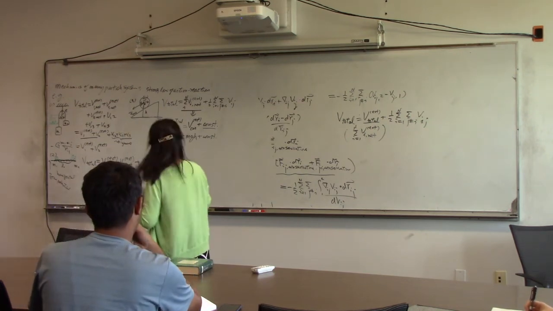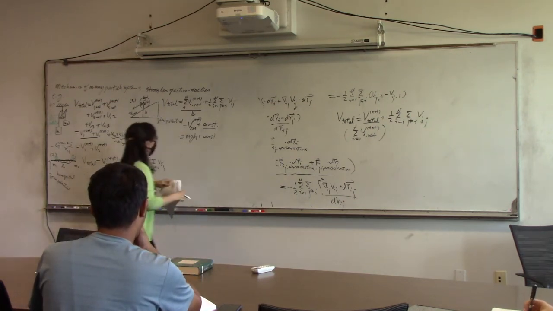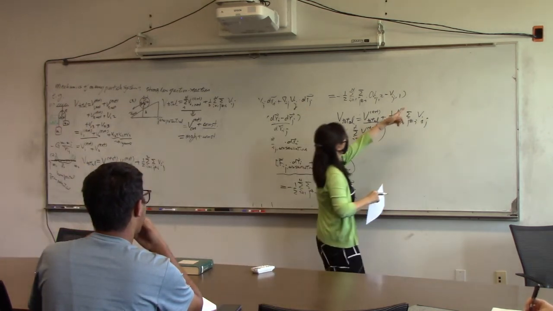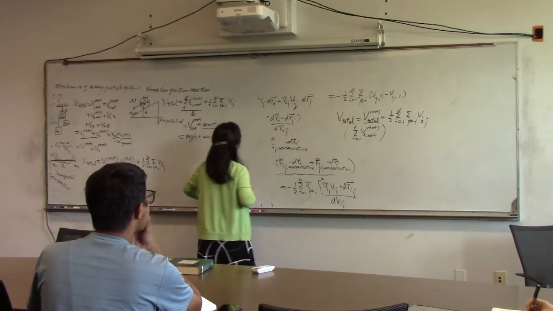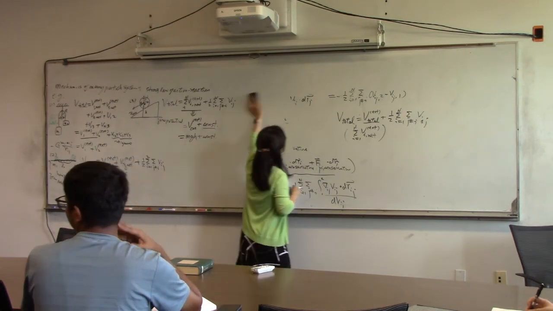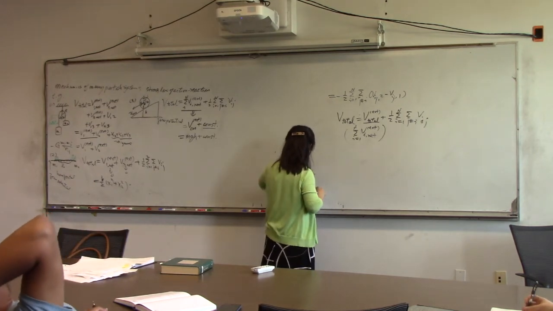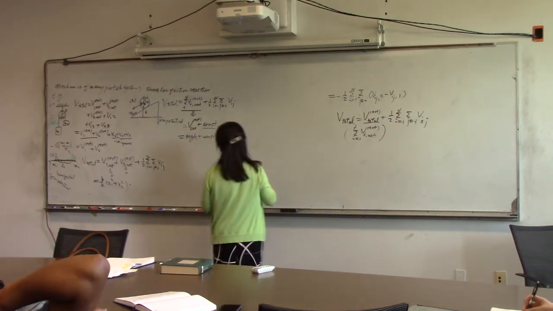All right, so that is the kinetic energy, how to determine total kinetic energy, how to determine the total potential energy. Then the total energy is the sum of these two, right? So that is very simple.